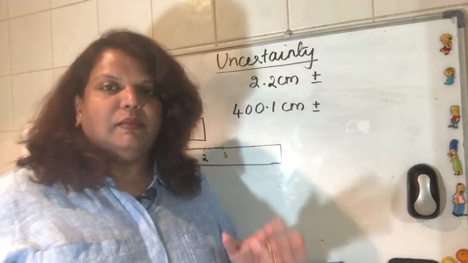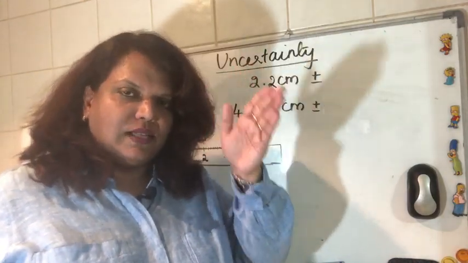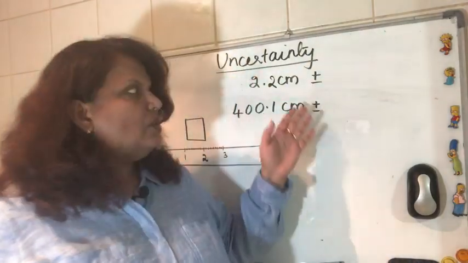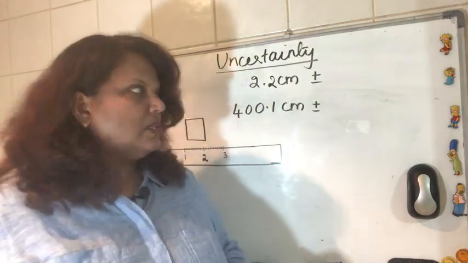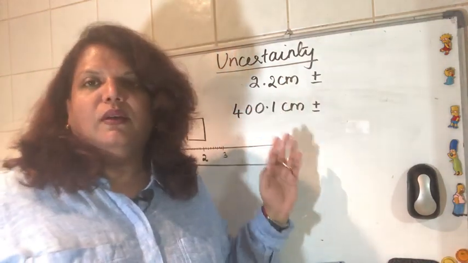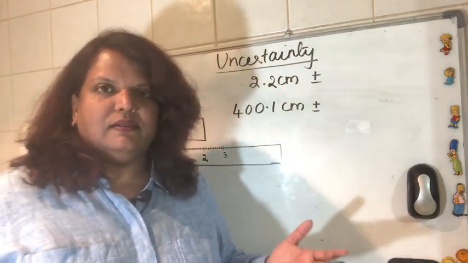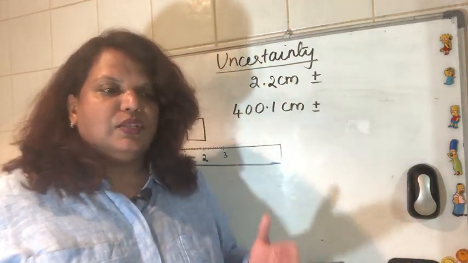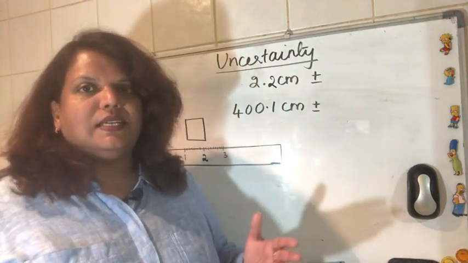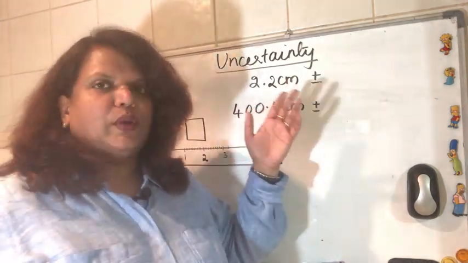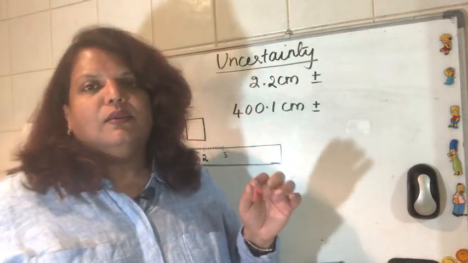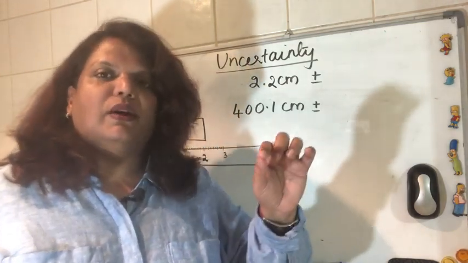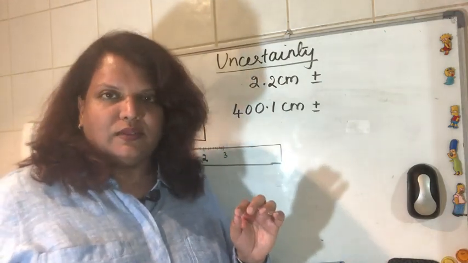Am I right? It may not be precisely coinciding with the reading that you have written. There might be a slight difference in the reading when you're using it. That goes with any kind of measurement. You may not be in a position to say, okay, this is precisely 2.2 centimeters. Some other student measuring may say, oh, it's not 2.2, it's just about 2.2 or just below 2.2, etc.